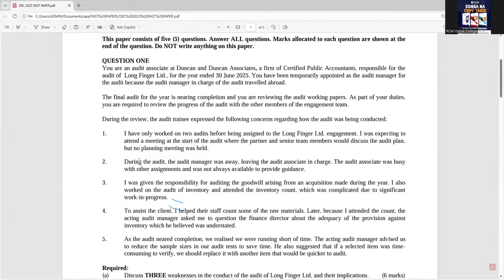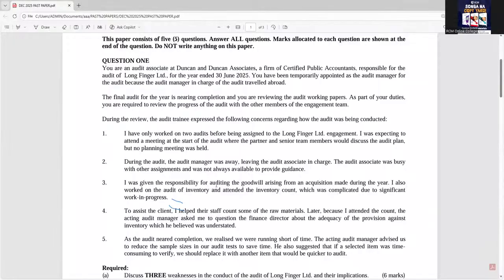Number 2: during the audit manager's absence, the audit associate was left in charge. The audit associate was busy with other assignments and was not always available to provide guidance. So that's another challenge. This audit associate who has been left by the audit manager doesn't even have time because there's a lot on his desk.